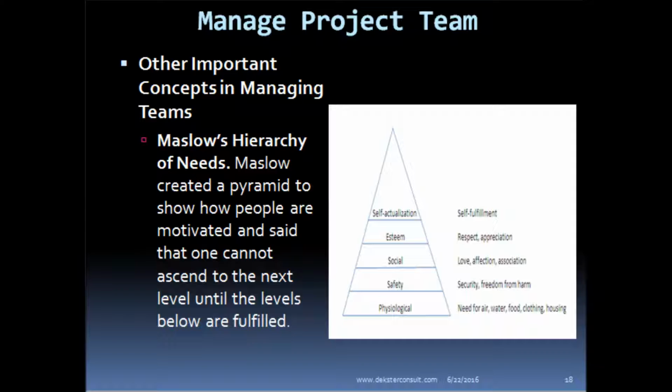He developed this pyramid to show how people are motivated and said that one cannot ascend to the next level until the levels that are below have been fulfilled. A manager that understands this will know how effectively to reward and motivate his project team or his project staff.